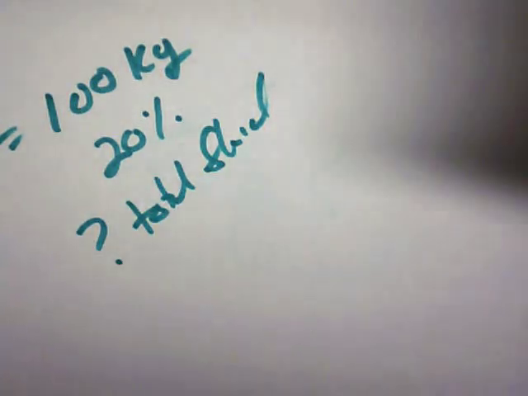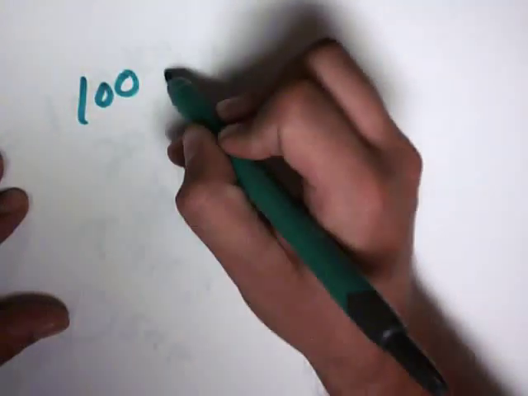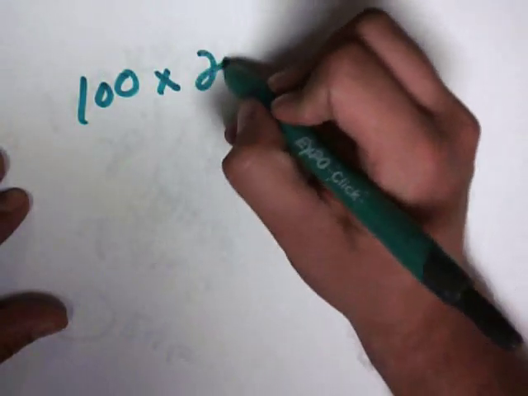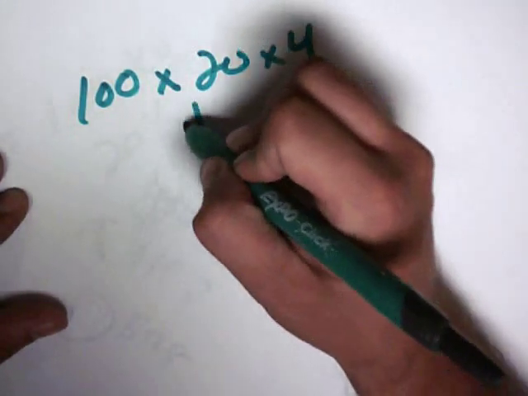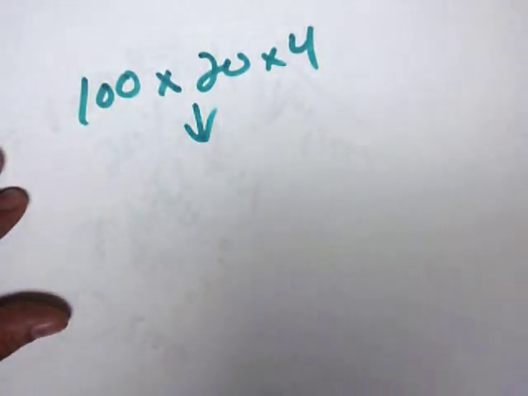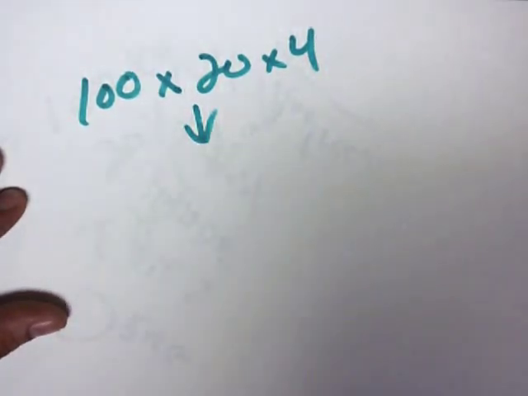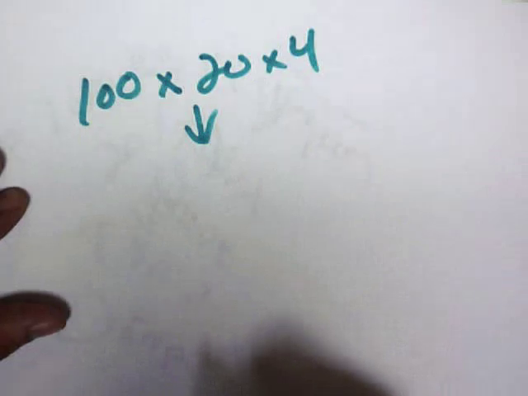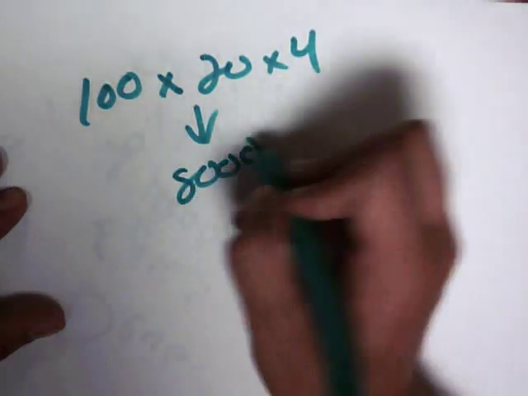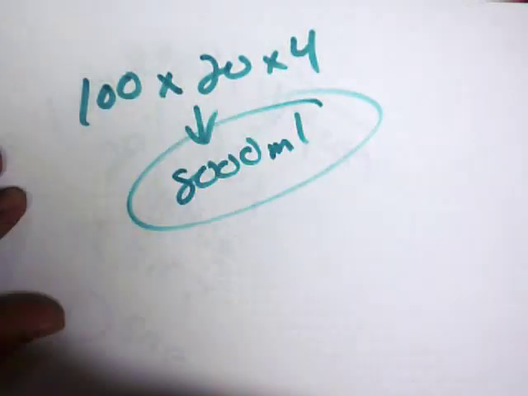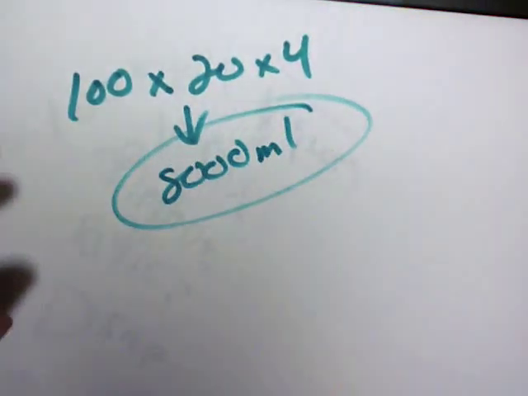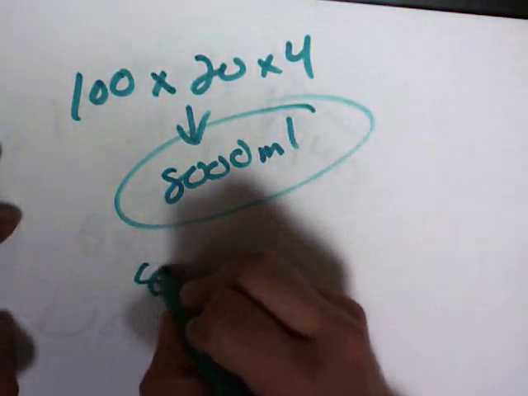And the way we figure that out is 100 times 20 times 4, which is going to give us 8,000 milliliters.